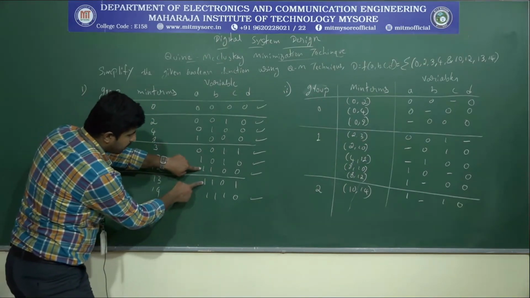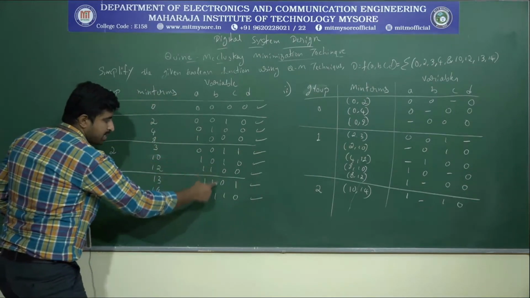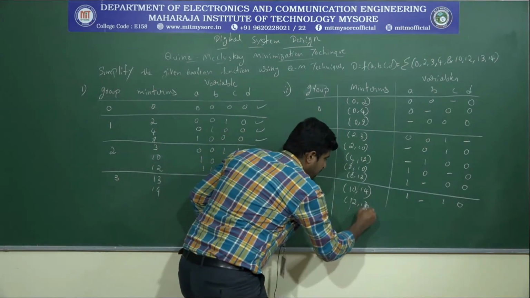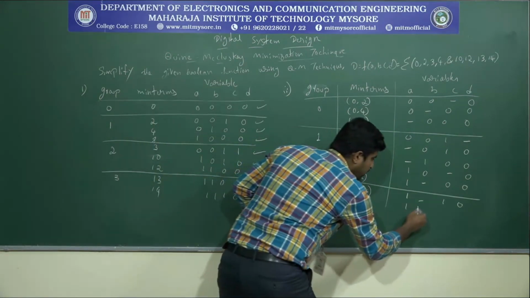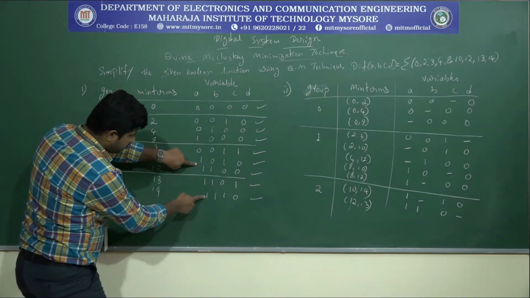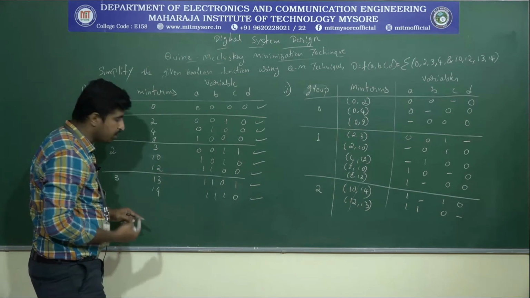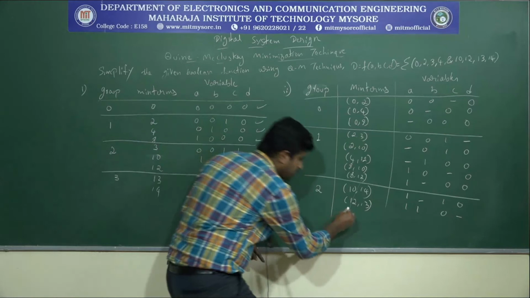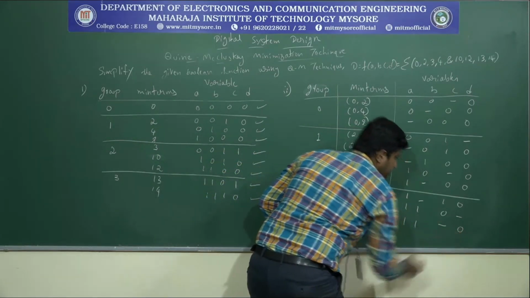12, 13, yes, we can group because only one variable is changed. 12, 13 we can group. So 1, 1, 0, dash. Next 12, 14, yes, again 12, 14 also can be grouped. 1, 1, dash 0.